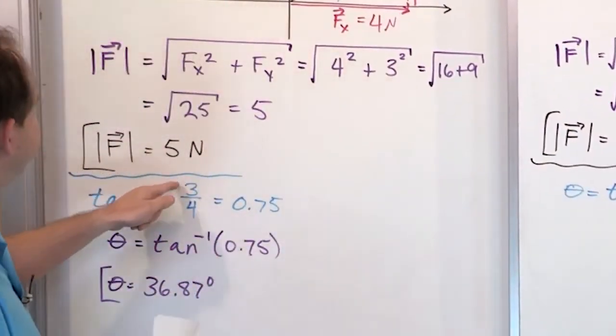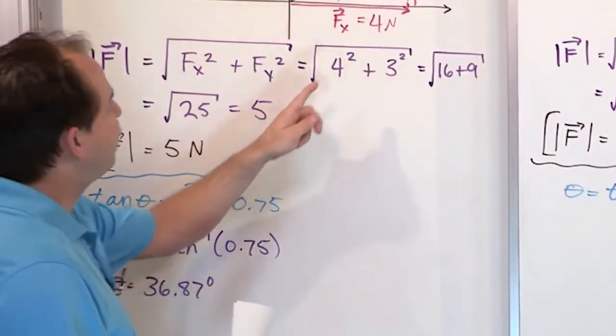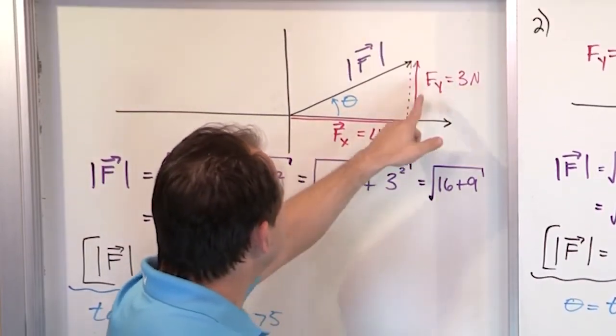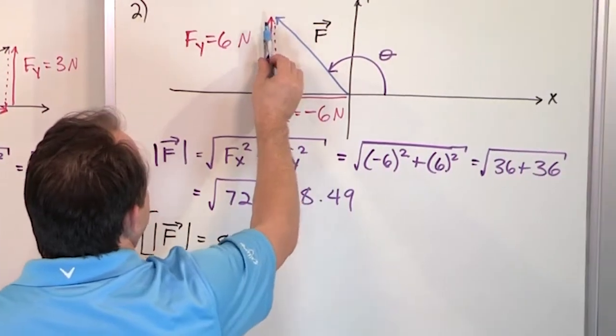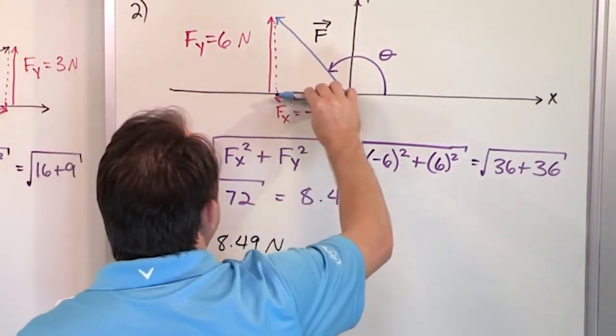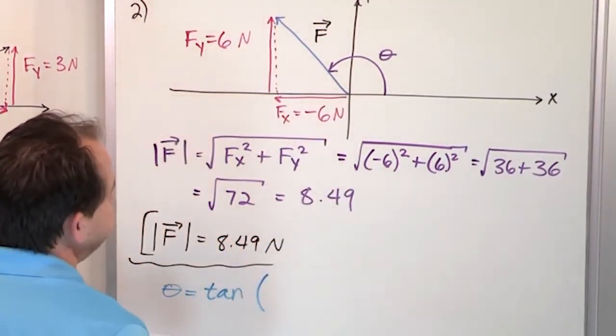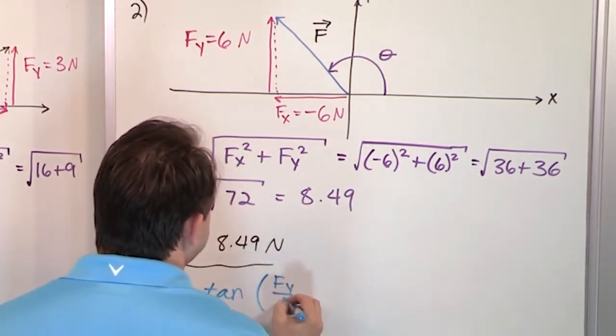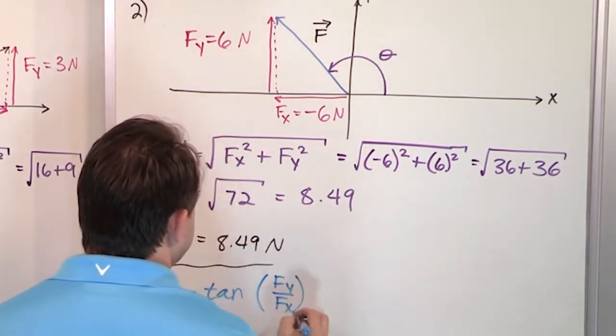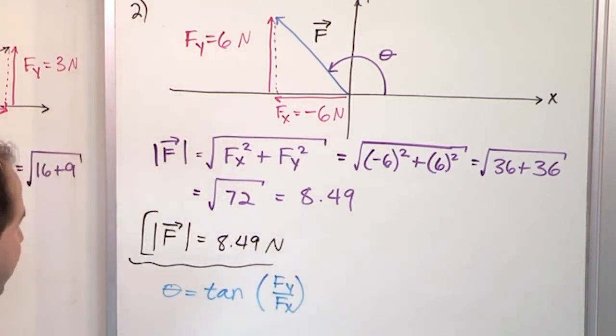We said it was the inverse tangent of the y value over the x value, the opposite over adjacent. So it's the same thing. It's the opposite side over the adjacent side. Just to make it clear, the opposite side is Fy and the adjacent is Fx, opposite over adjacent of that triangle.